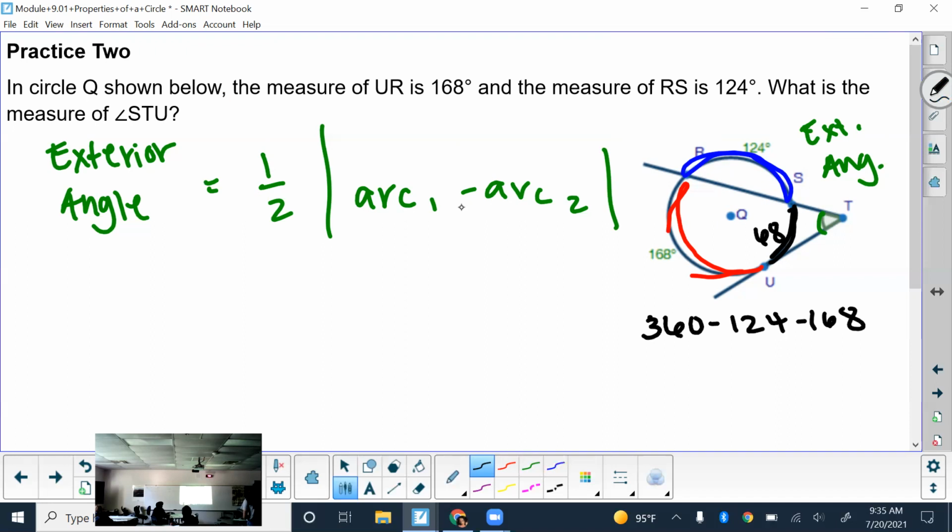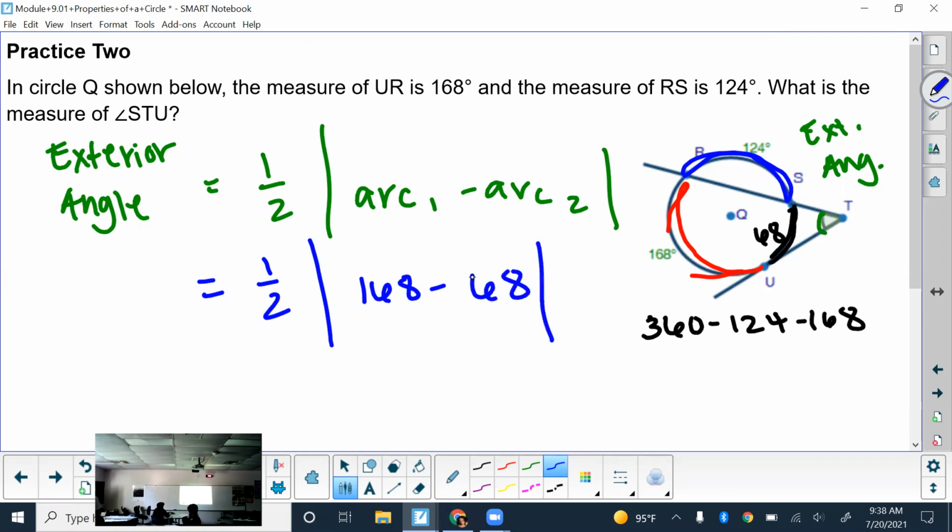All right, now you can use a formula to solve. I'll give you about a minute. So plug in the two intercepted arcs. The arcs that your angle is looking at, what arcs would those be? 168 and 68. Good. And you can have these flopped. You could have done 68 minus 168 because the absolute value will fix that anyway, right?